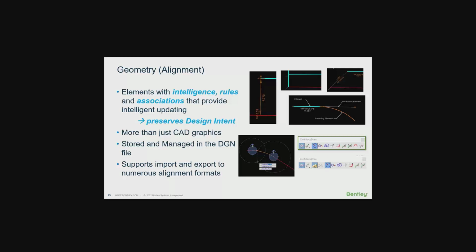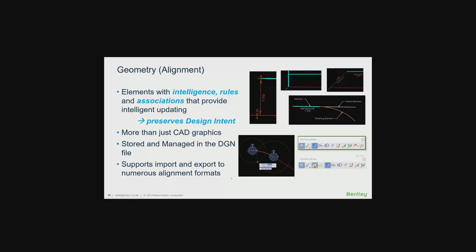And unlike other applications or even our older versions, for those who have used MX Road, the alignment is no longer external to the design file itself. It is embedded in the DGN file, which is basically the format of OpenRail Designer.